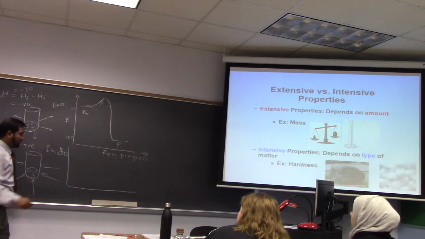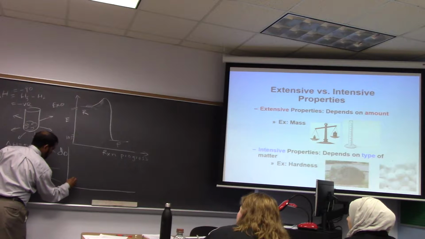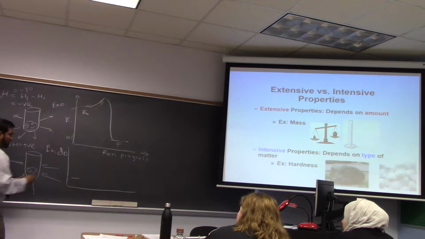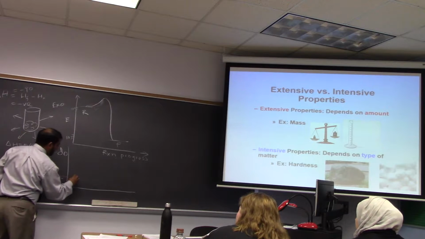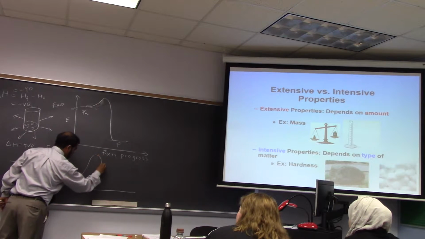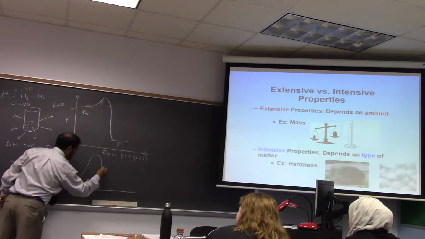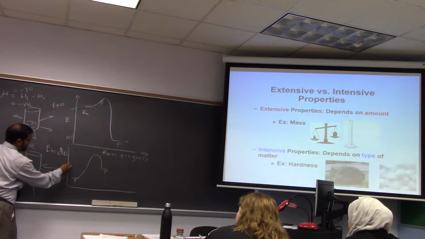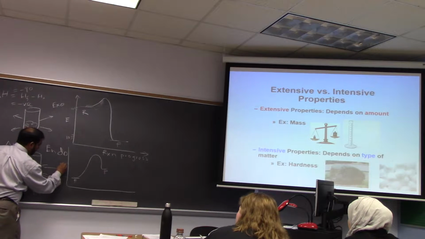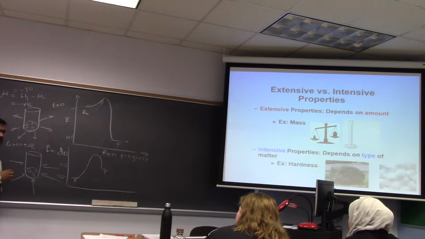On the other hand, for an endothermic reaction, if the product starts off from 10 joules, then the reaction will be like that. This is the product, and this is the reactant. So the reactant started with 10 joules and the product with 100 joules. You see?